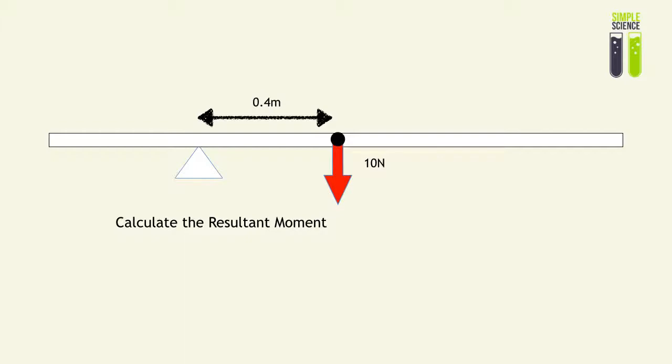For example, the center of mass of this object acts in the middle of its body, and this object has a weight of 10 newtons, and you're asked to calculate the resultant moment. And that's very simple. All you need to do is take the perpendicular distance from the pivot multiplied by the force, and that gives you 4 Newton meters.